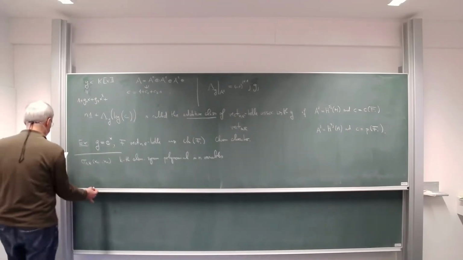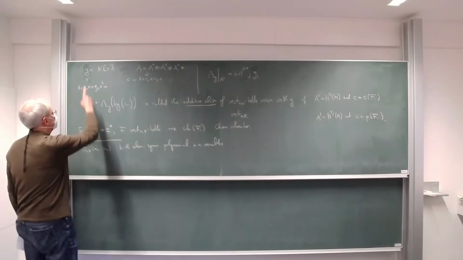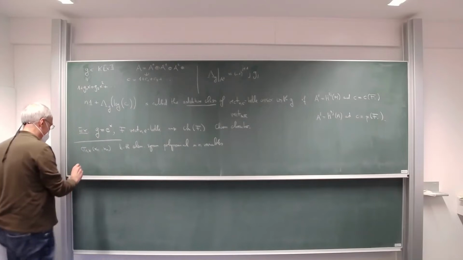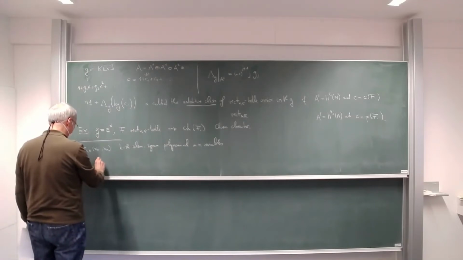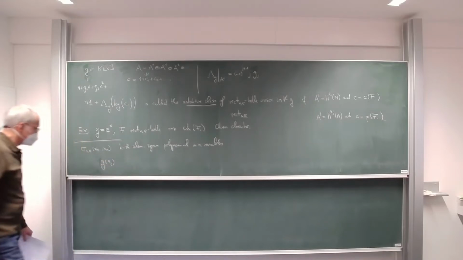And okay, so let's see. Given this power series, I can do the following thing. So let me take this power series G and insert any of these variables x_j into it.